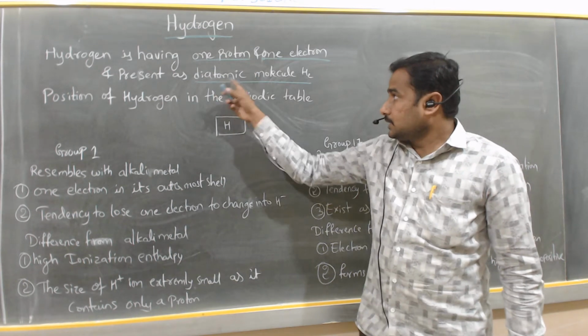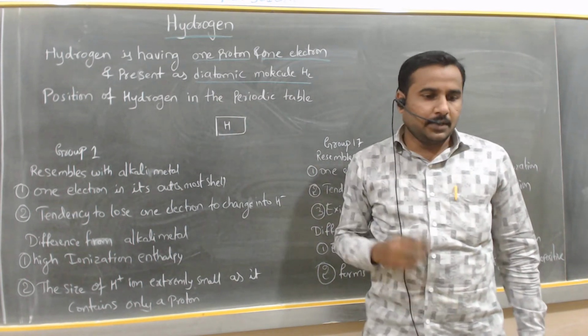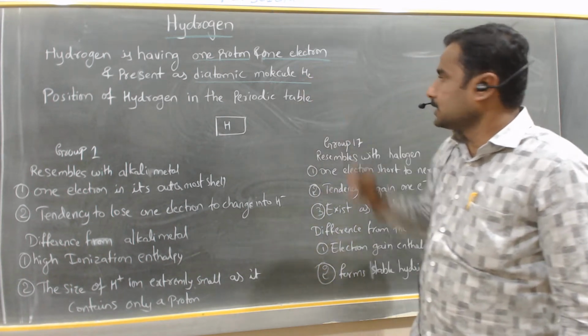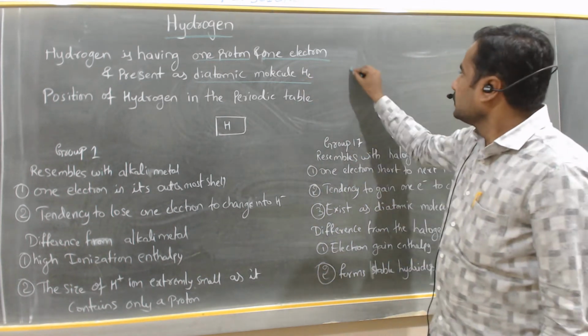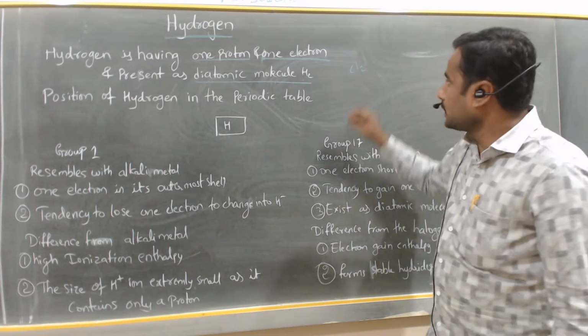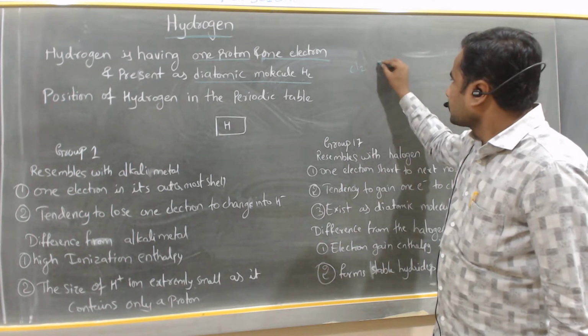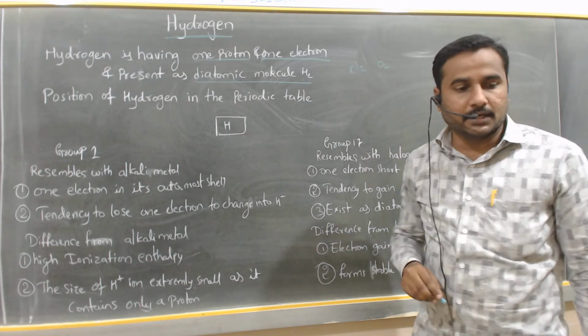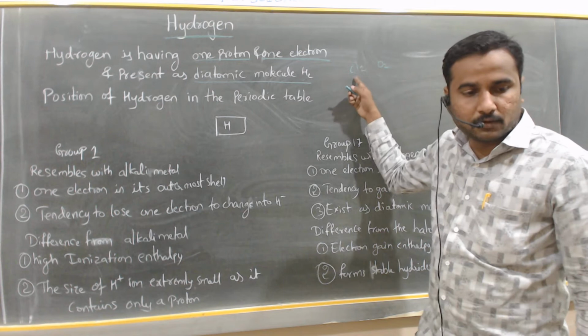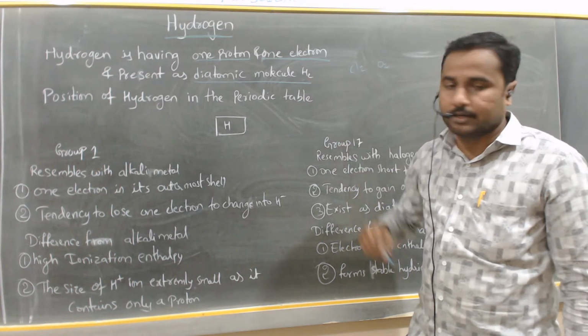Next, they exist as a diatomic molecule. What is the meaning of diatomic molecule? If they are present like H2, Cl2, or O2, we call it a diatomic molecule. We call them dioxygen, dichlorine, or dihydrogen.